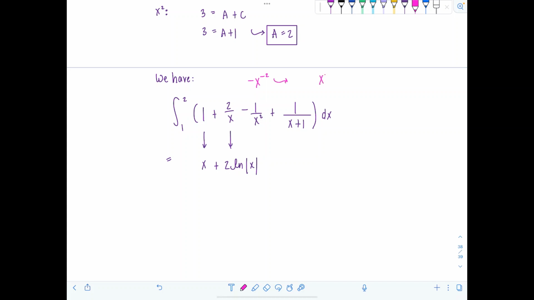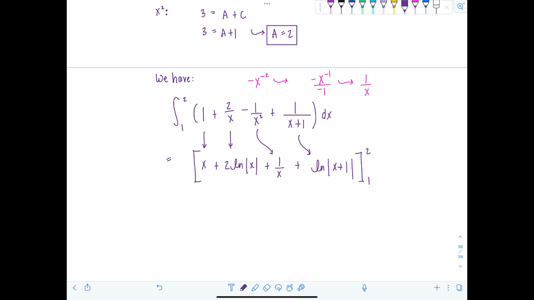So if I add 1, it's going to become x to the negative first, and I divide by the new exponent, and there was already a negative sitting out there. So that's just going to become positive 1 over x. Try to work up to where you can just do that in your head. That's that guy. Plus, and then antiderivative of 1 over x plus 1, ln absolute value x plus 1. And all this we evaluate from 1 to 2.